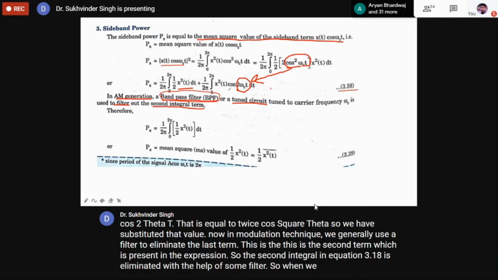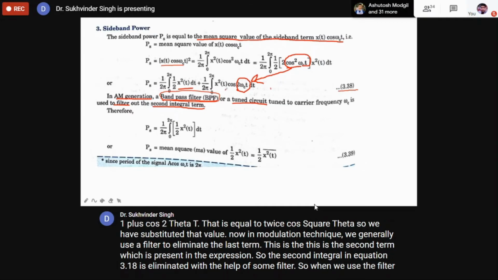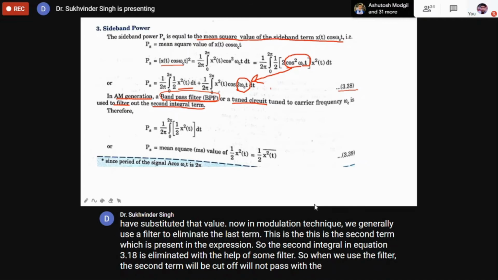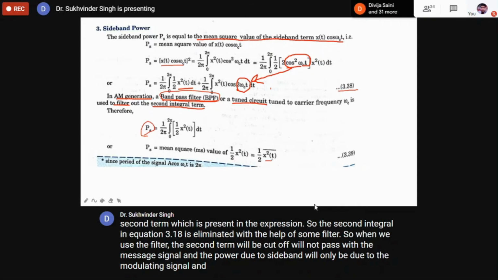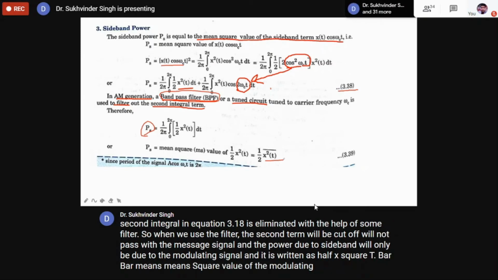So when we use the filter, the second term will be cut off, will not pass with the message signal, and the power due to sideband will only be due to the modulating signal, and it is written as half x square t bar. Bar means mean square value of the modulating signal.